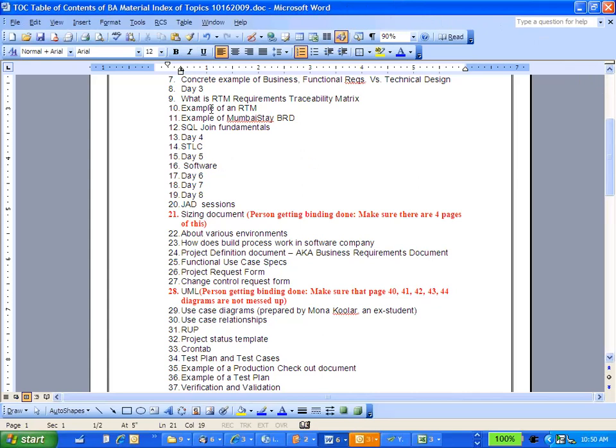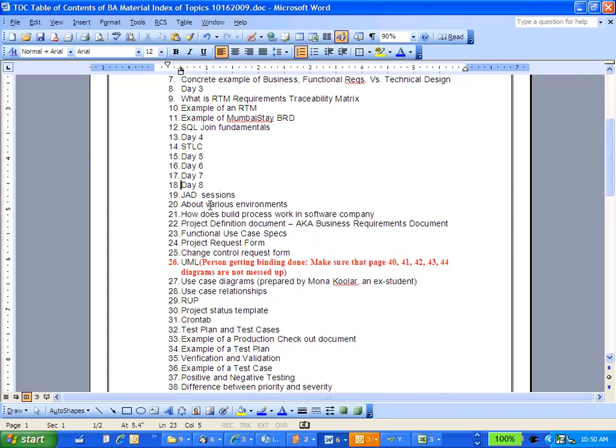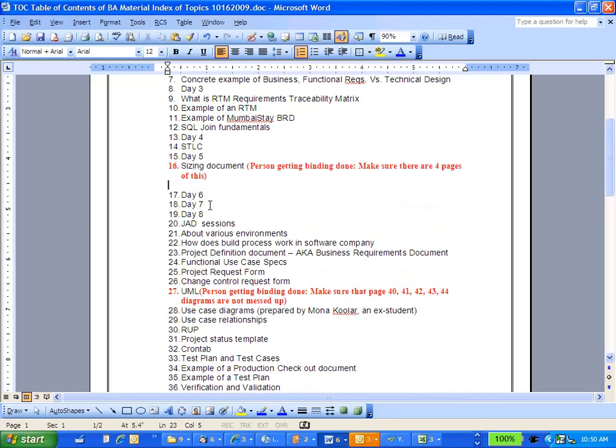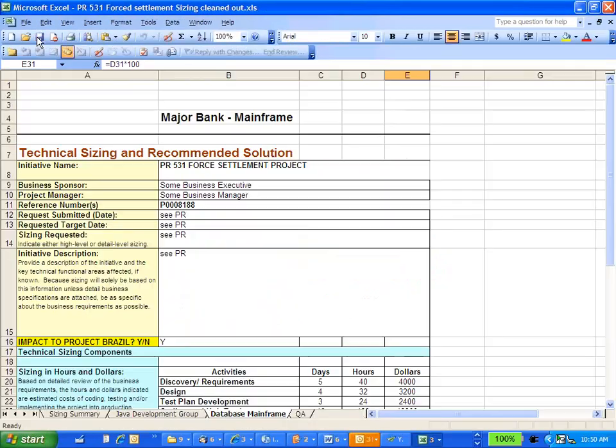I'm sorry, I'm stupid. It was in your table of contents, right here, the sizing document. You guys have this in your table of contents? Excellent. Okay, guys. Thank you. Alrighty. So I was going to look at this. Everybody has that?